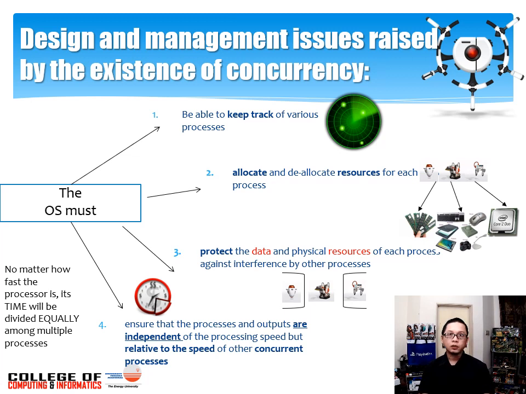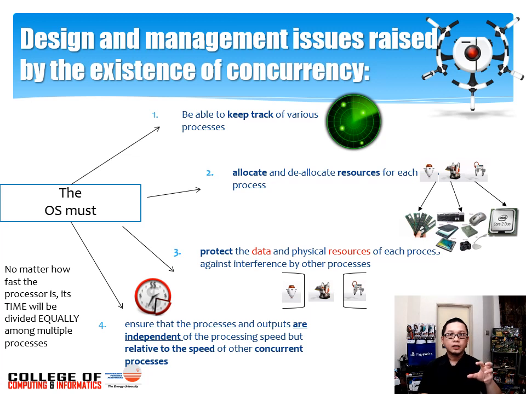And the fourth one is when you design a scheduler or process management, you must ensure that the process and outputs are independent of the processing speed, but it must be distributed based on how many processes are occurring at the same time.